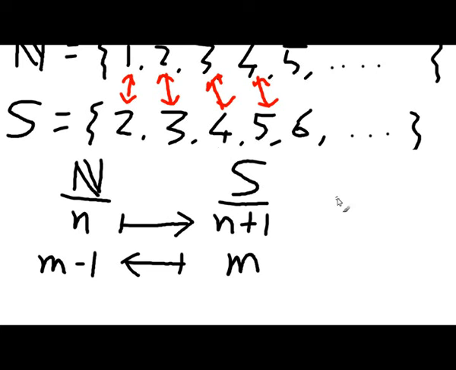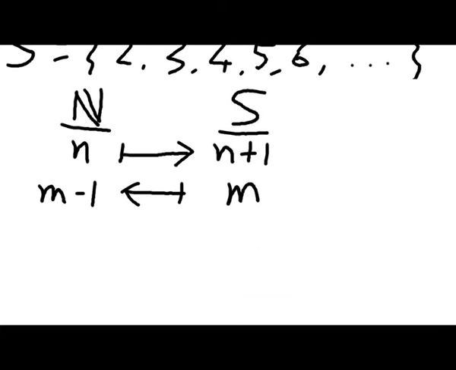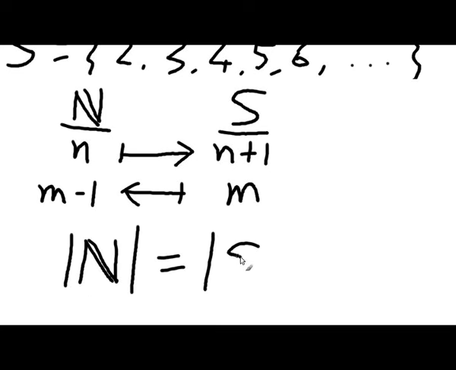So this establishes a one-to-one correspondence between the elements in the set of natural numbers and the elements in the set S. So this tells us that the cardinality of the natural numbers is equal to the cardinality of the set S, right?